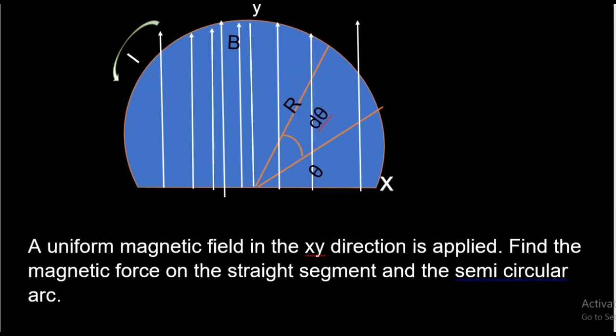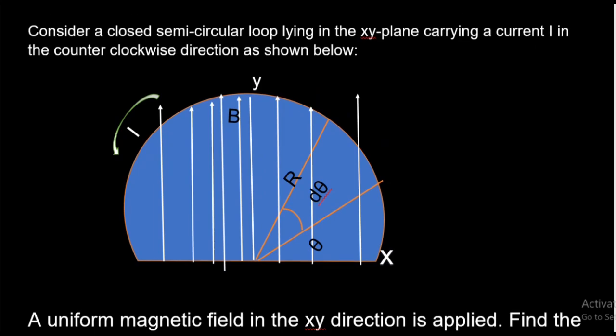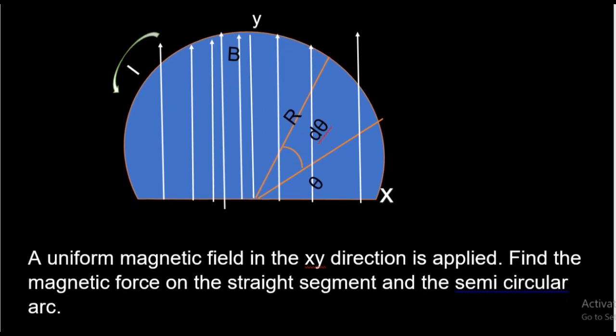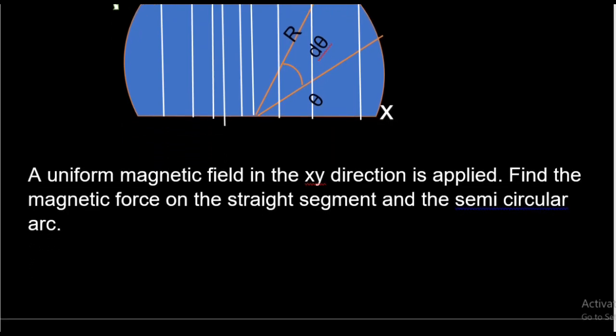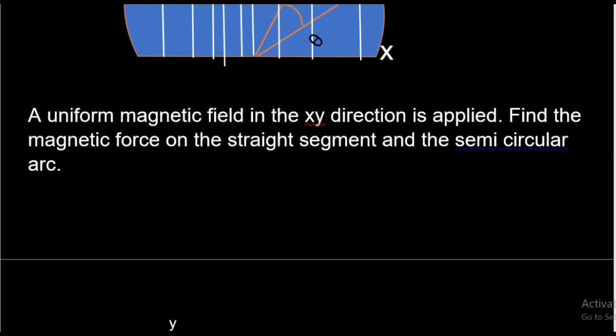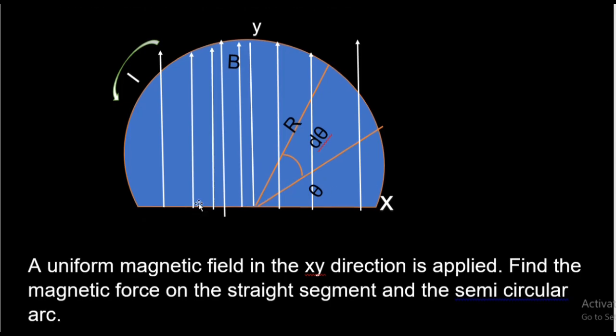A uniform magnetic field is applied in the Y direction. The question says find the magnetic force on the straight segment and on the semicircular arc. So this is the straight segment and this is the semicircular arc.